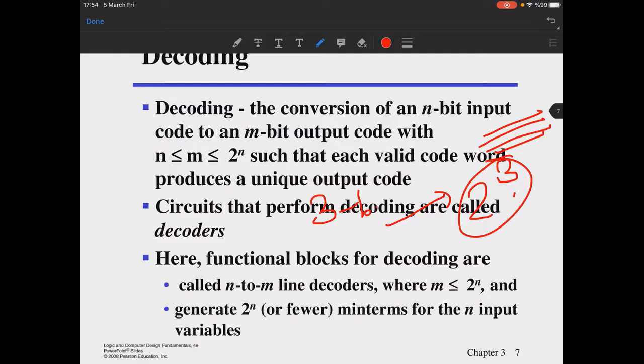That's it. They are called N-to-M line decoders, and you can have here a maximum of 2 to the power n or fewer minterms for the n input variables here.